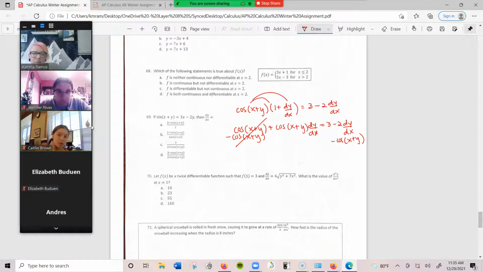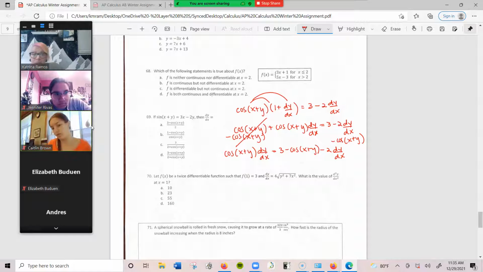Let me just rewrite this a little bit so it looks cleaner. We got cosine of x plus y dy dx equals 3, minus cosine of x plus y here, and then the minus 2 dy dx.